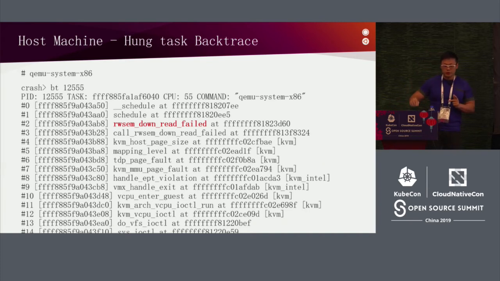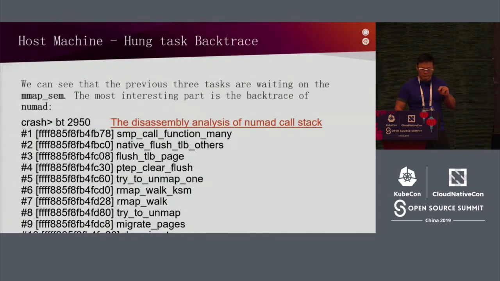Yes, these are for the last page fault of the VM. When we want to connect it, it gets stuck. Yes, there's KSM, huge page, and QEMU. These are the 3 victims. So we want to find who's the killer, who holds the key.